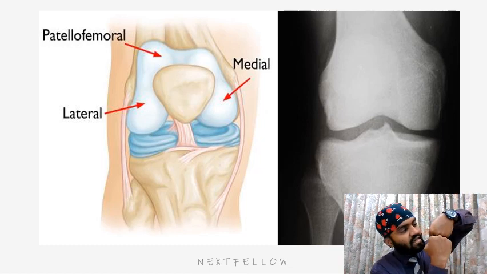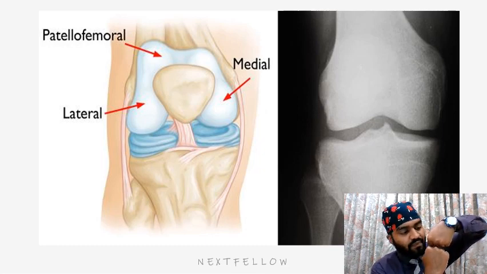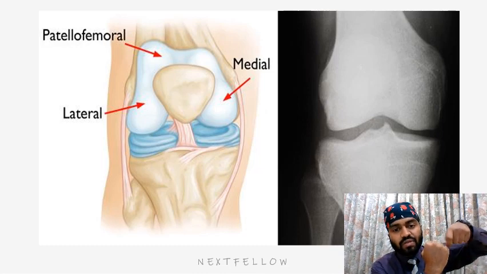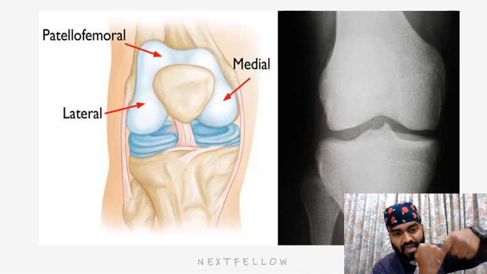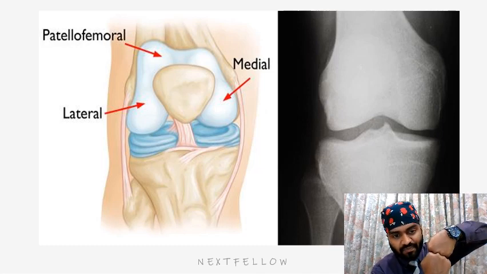So if you see the knee joint, it moves like this, which is like a hinge joint. As you know, the fibula is placed lateral to the tibia. So we have the medial compartment, the lateral compartment, and the patellofemoral compartment.